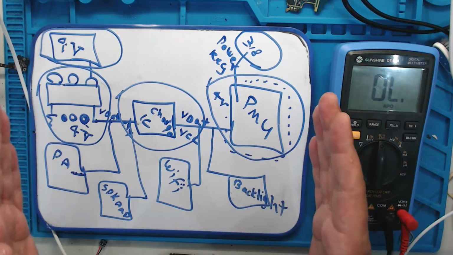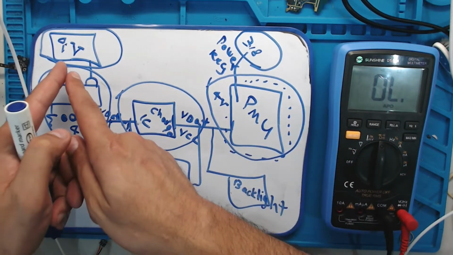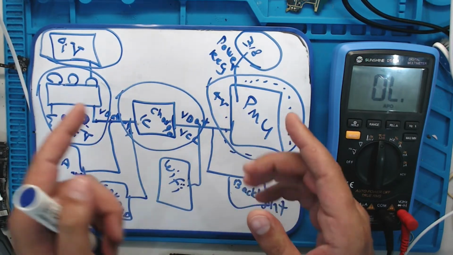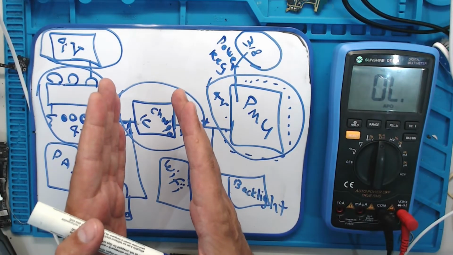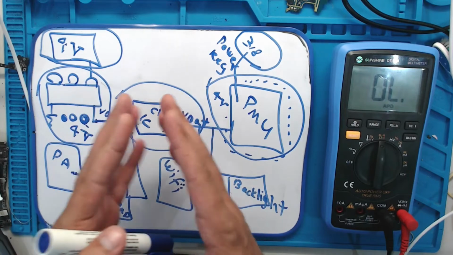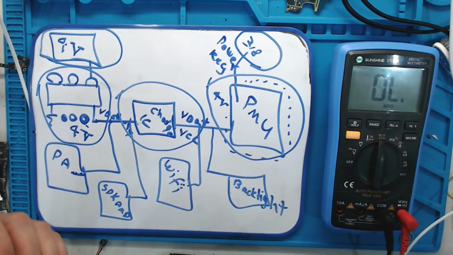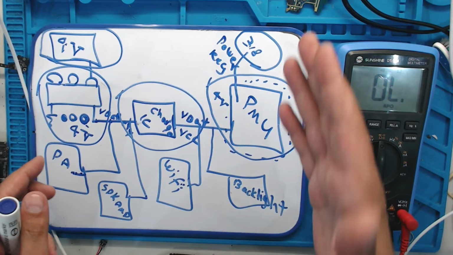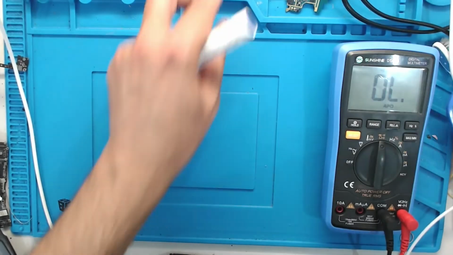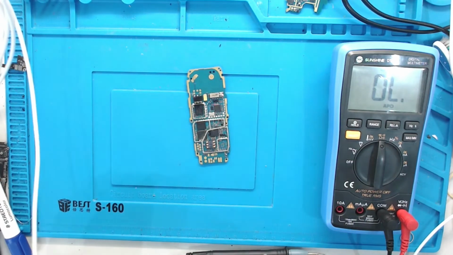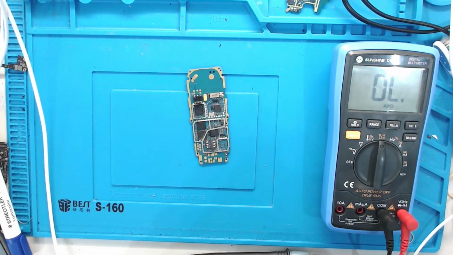This circuit board has one-way voltage: battery voltage comes directly to the power management unit or charge IC, and there it divides the main voltage to two sides. For this phone, I want to check whether there is a voltage in there or not.